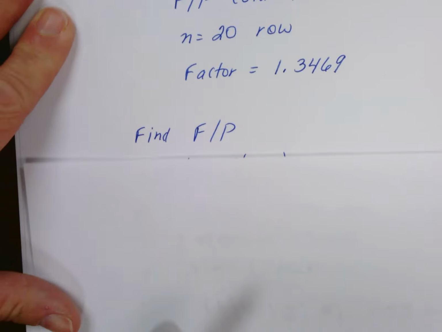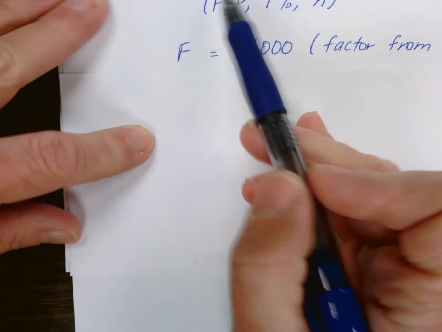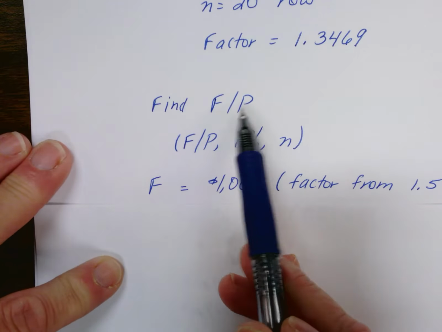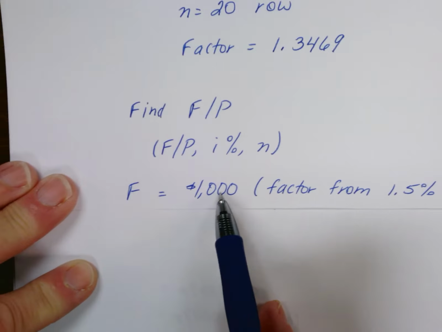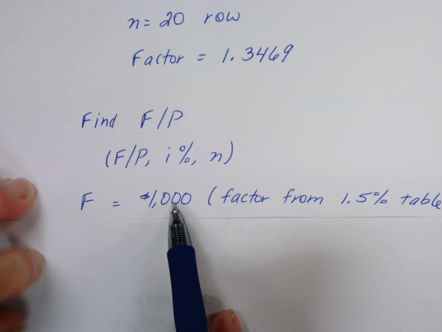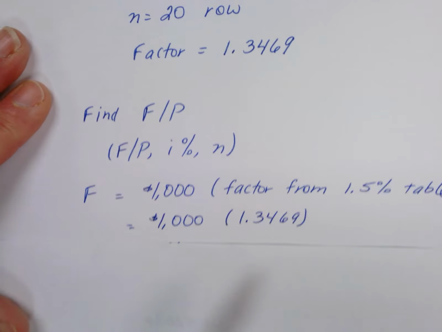And you multiply that factor times what you're given. We were given P. We want to find F given P. So find F given P, $1,000 initial investment, and that factor we identified as 1.3469.